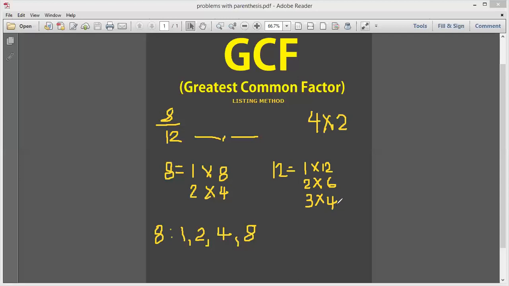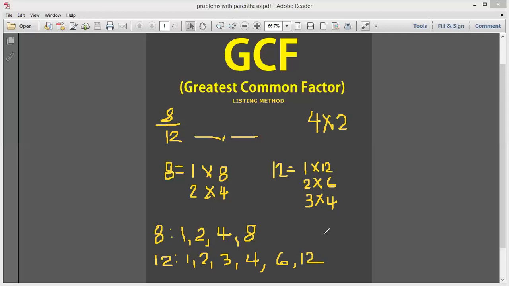When you're back to a number that's already in your factor pair, that signals that you can rewrite your factors in order. So for 12, the factors are 1, 2, 3, 4, 6, and 12. Very nice, beautiful.